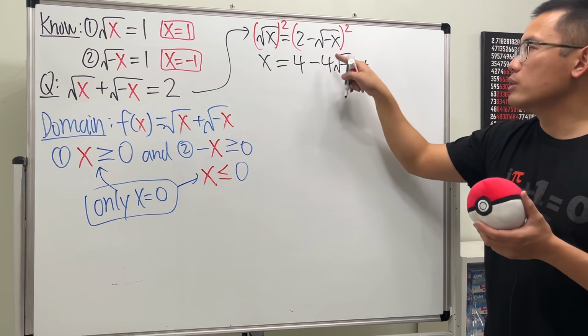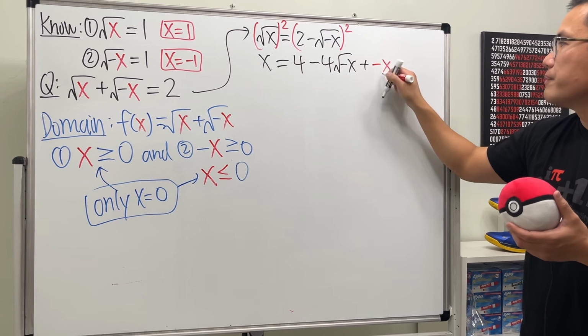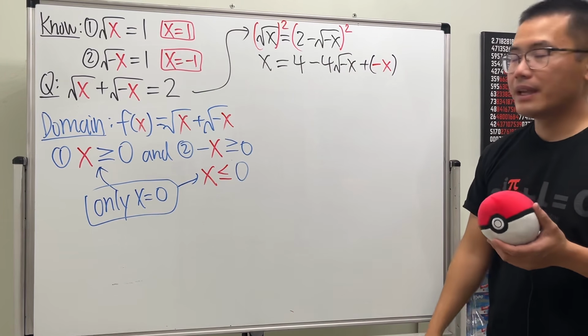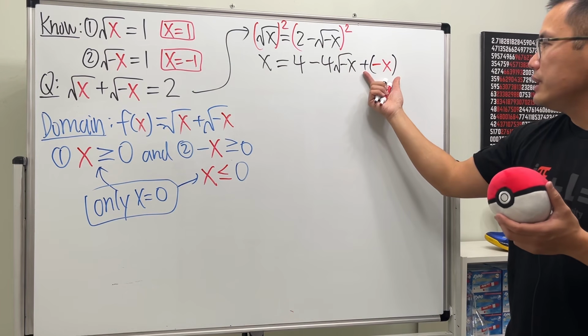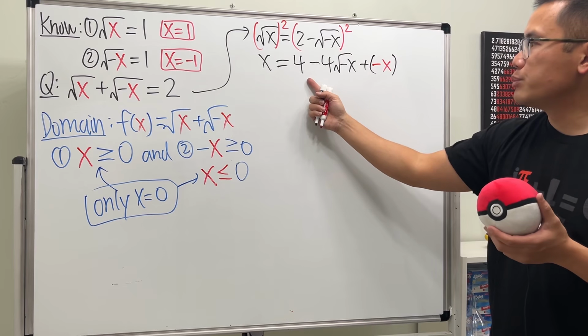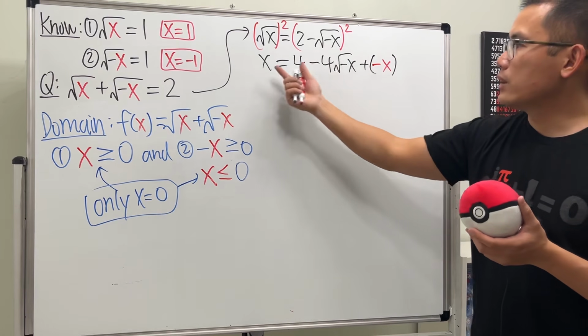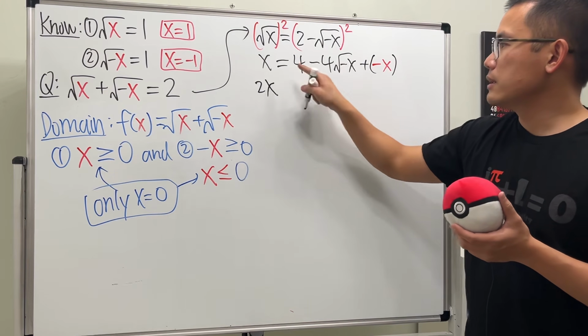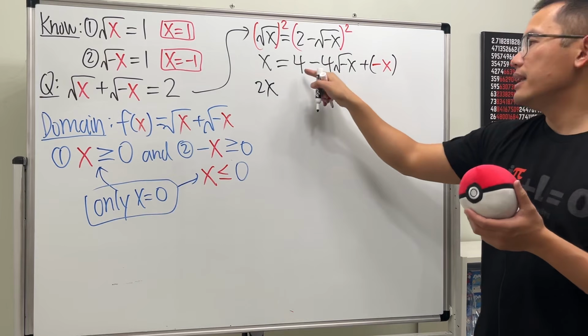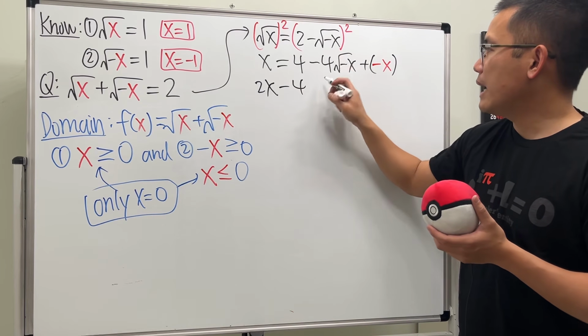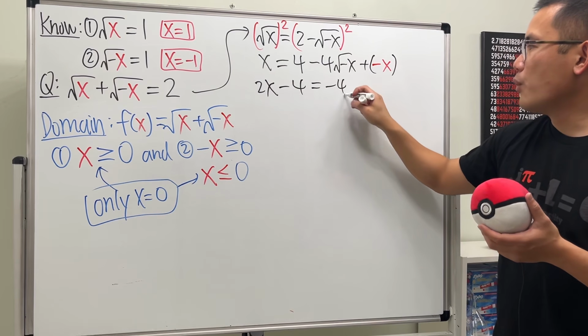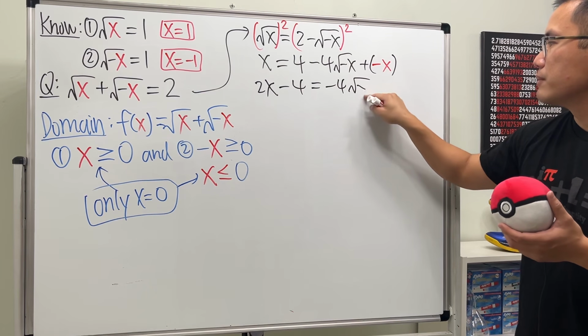Square and square cancel, so we will end up with negative x here. Right, so that's what we have. Now, let's bring the x to the other side, and in the meantime, let's bring the 4 to the other side. So we will get 2x, because x combined with that, and then minus 4, and that will be equal to negative 4, and then square root of negative x.